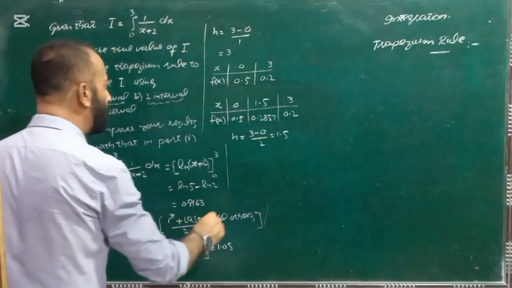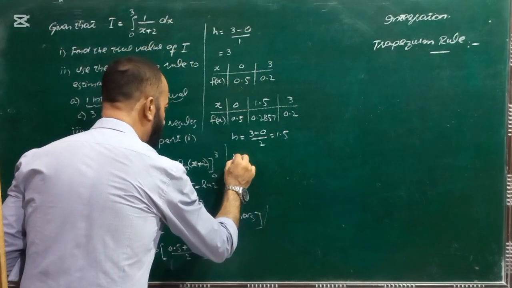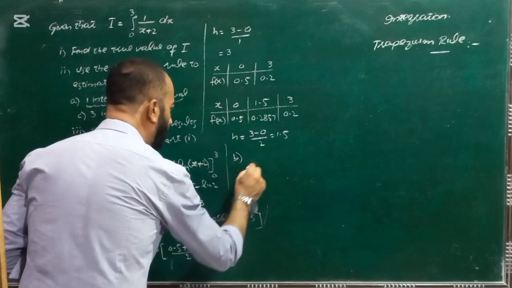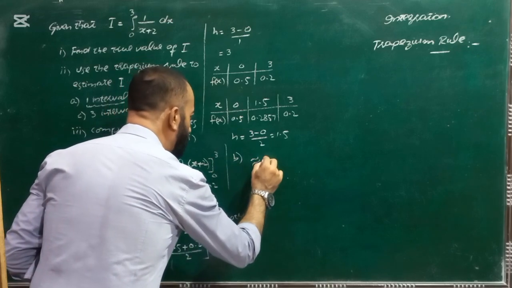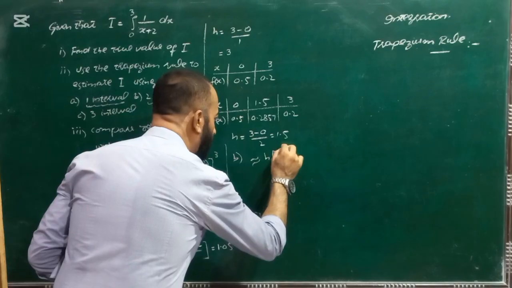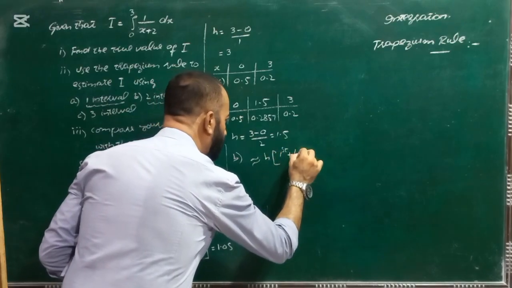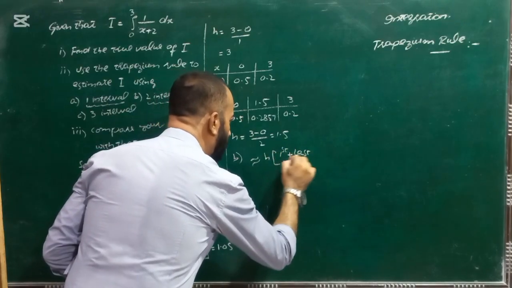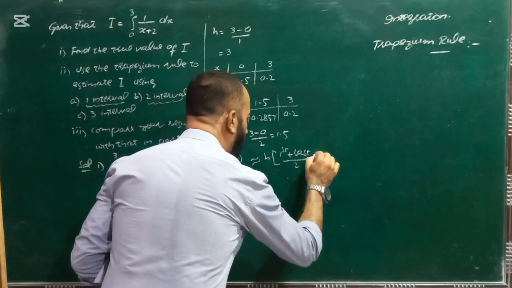Okay, now we will put these values into the B part. So that will be equal to h, and first we will put the formula, that is first plus last divided by 2 plus all others.